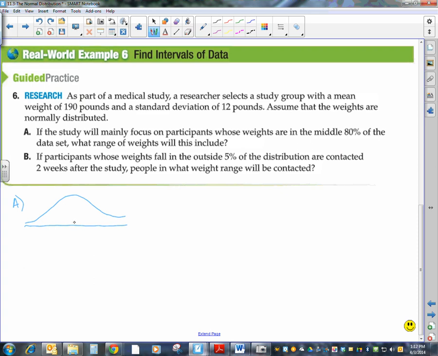In the middle, I'm looking for the middle 80%, which means I'm going to go half here. So I've got to go 0.4 on both sides, and that is the area under the curve, however far that is. You can go ahead and write your z-values.